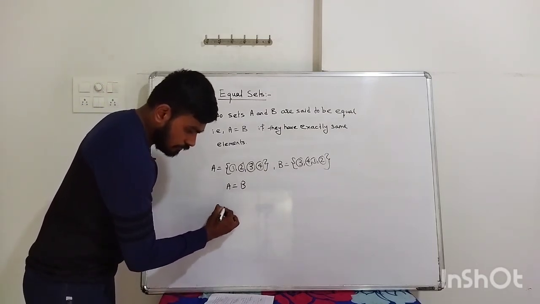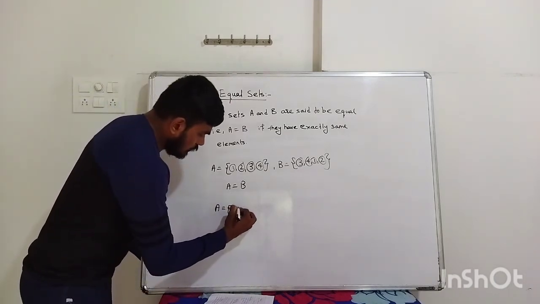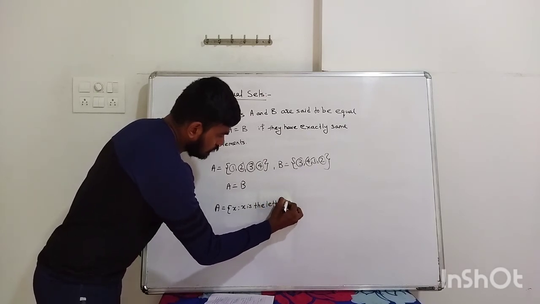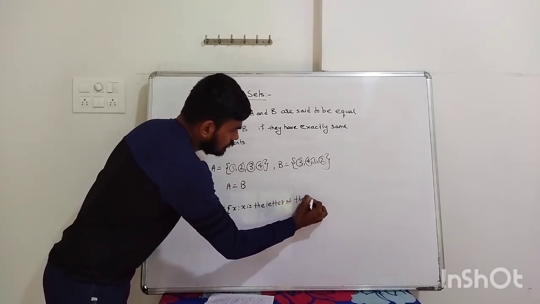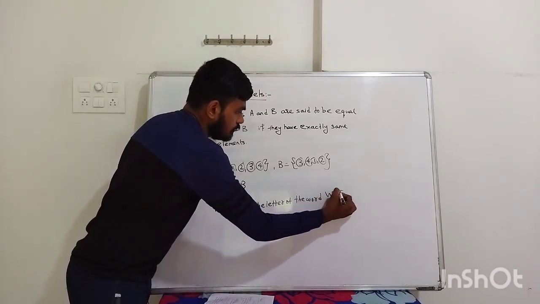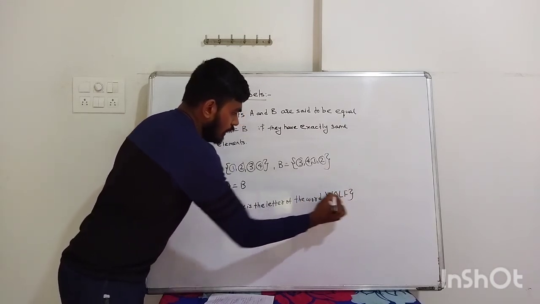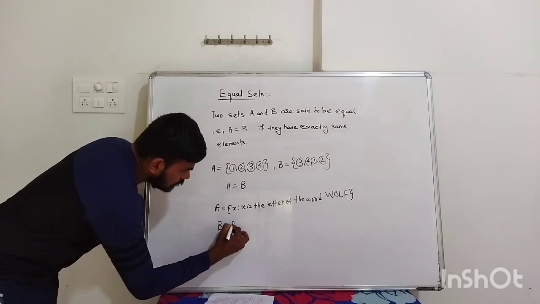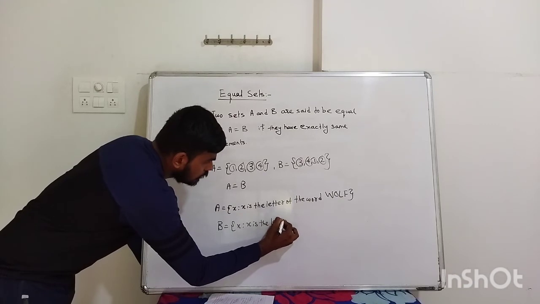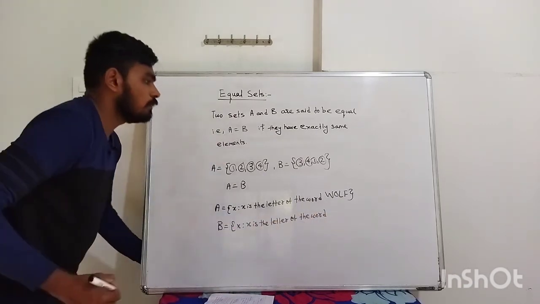Next, I'll give one in set builder form. A is equal to {x such that x is a letter of the word WOLF}, and B is equal to {x such that x is a letter of the word FOLLOW}.